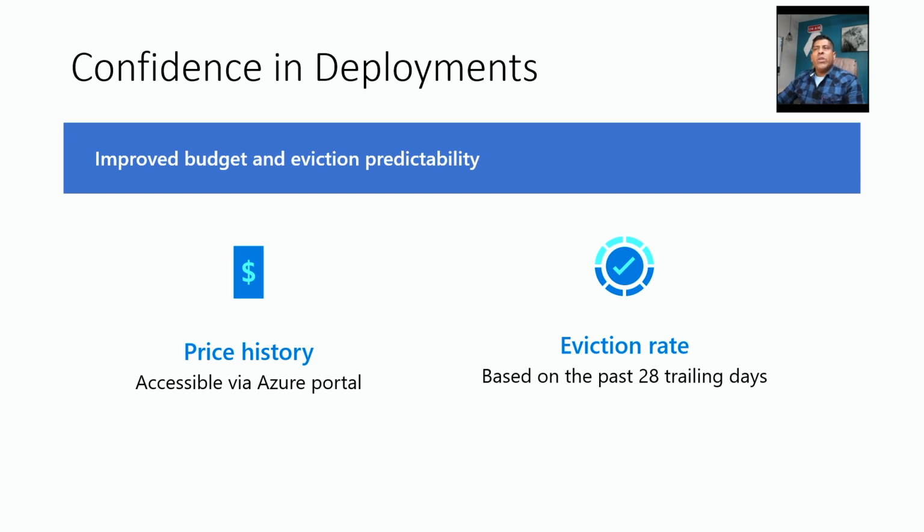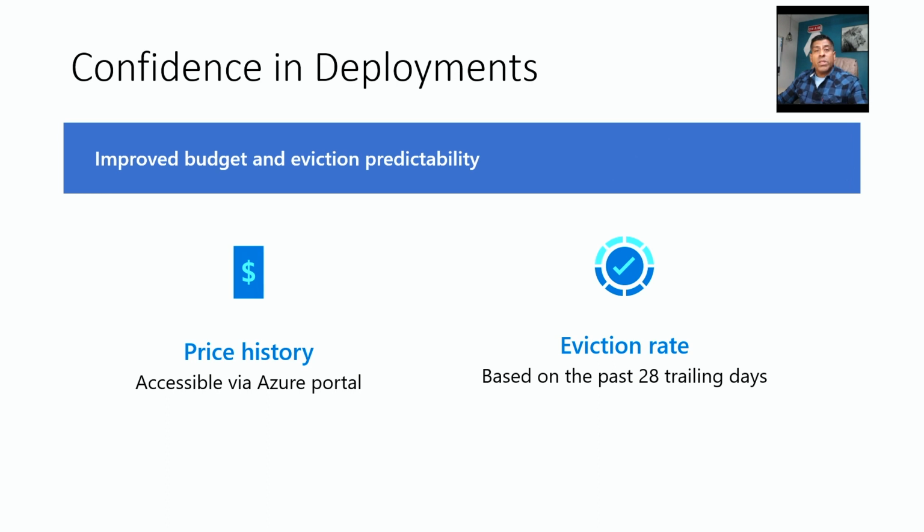So how can you feel confident about deployments, right? One of the things that you can do is you can look at the eviction rate. Different regions have different eviction rates, and I will show you how this works. And it's based on the past 28 trailing days, which means that you can look at how often this specific VM or this specific VM family is evicted.